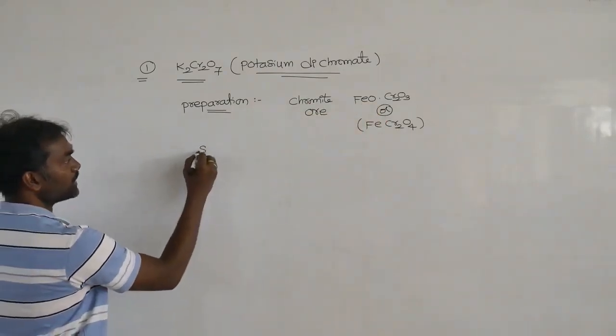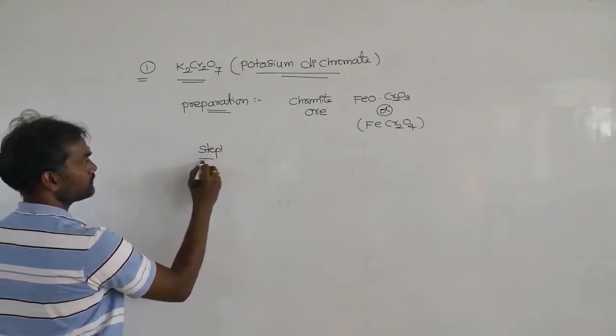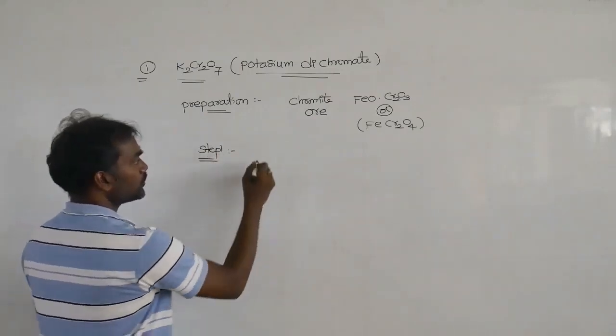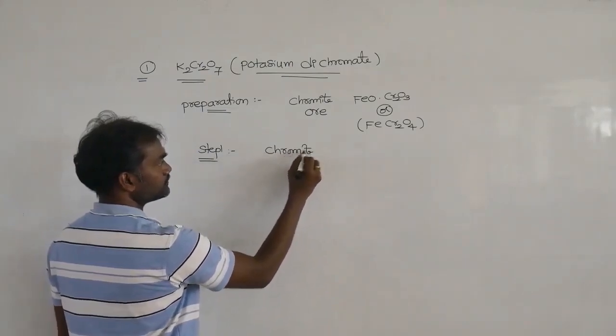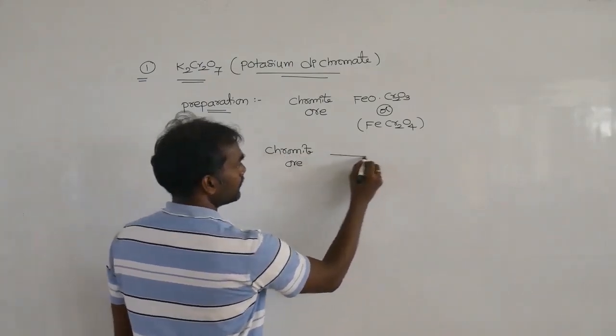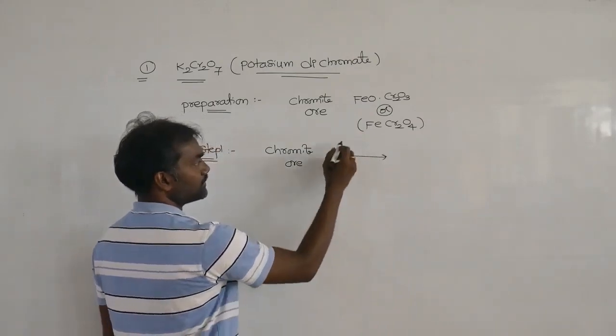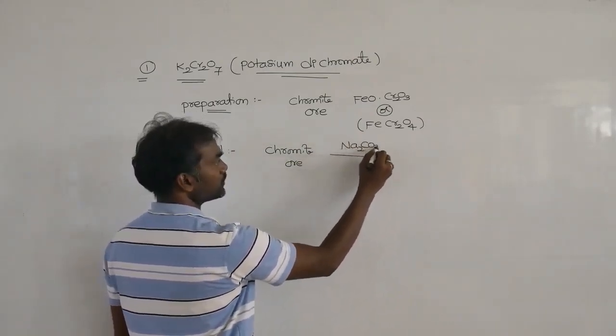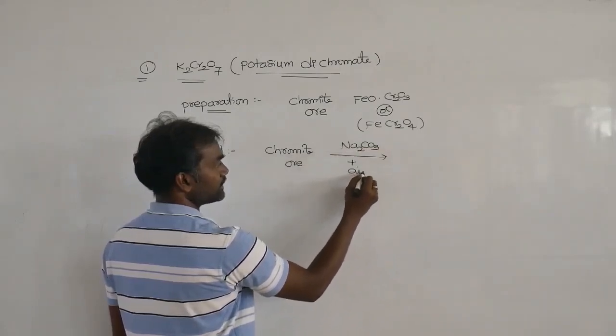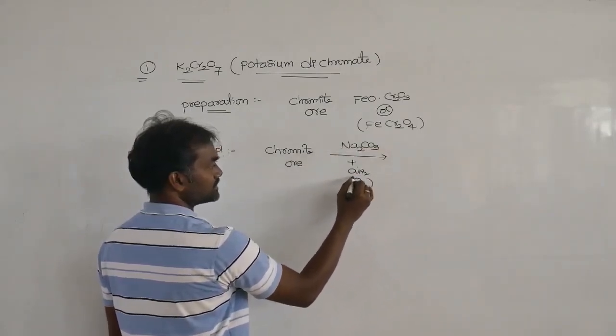So in step 1, chromite ore is treated with basic medium. Basic medium means Na2CO3 in the presence of air. Air is nothing but oxygen.